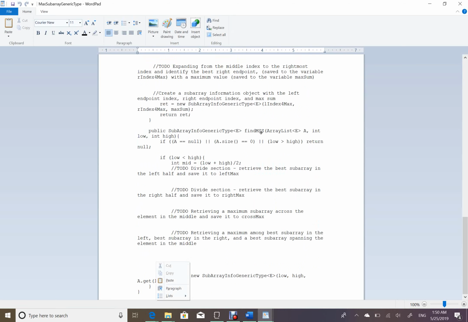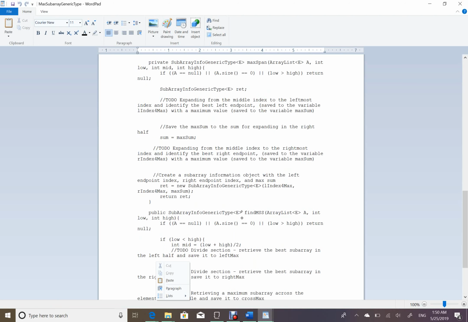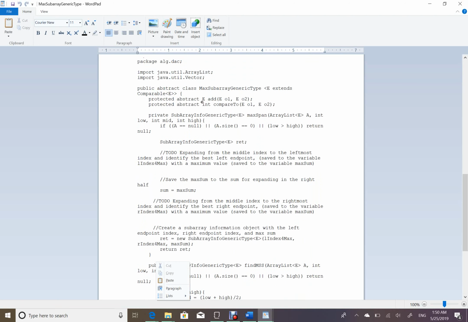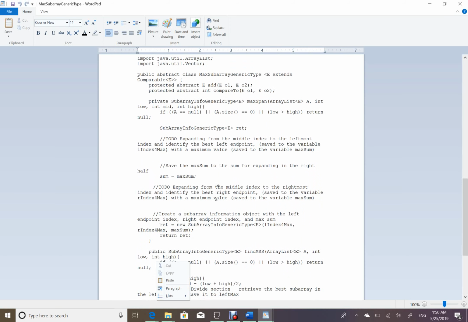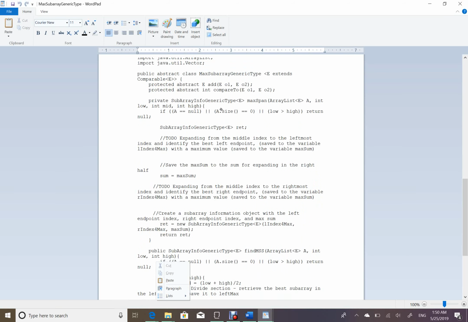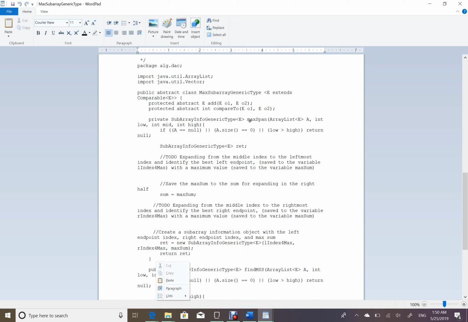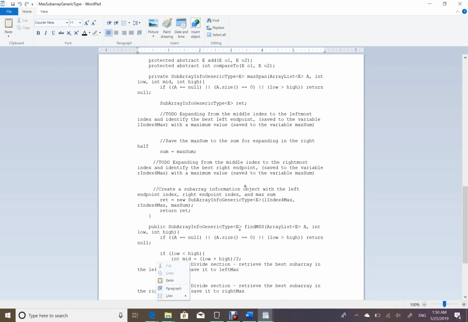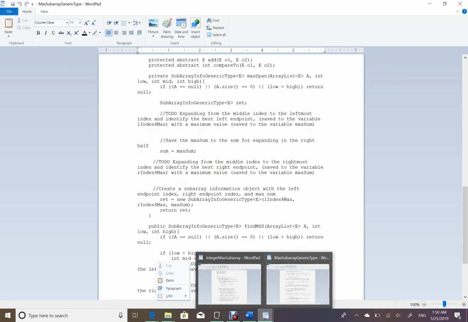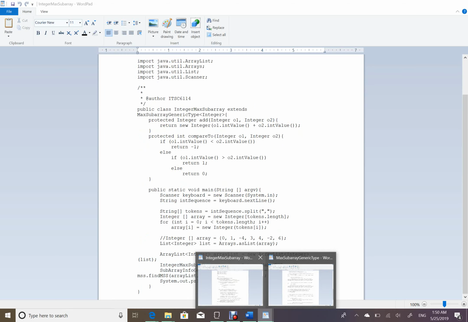This is the find maximum subarray sum, and this one corresponds to the subarray. This is maximum span, right? Where there are no comments, it means something is missing for you to do. You follow this algorithm and try to understand this problem. Then in that case, you can finish this task.